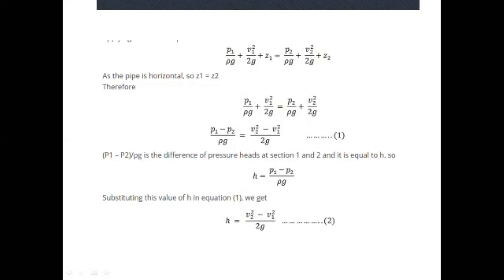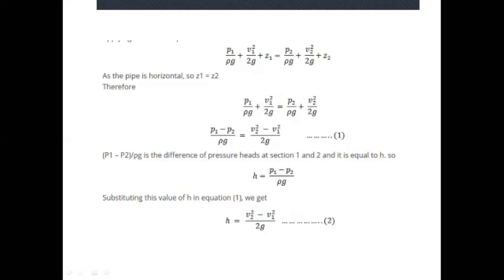So Z1 is kind of the diameter of the wide tube, and Z2 is the diameter of the narrow tube. If we put the pressures P1 and P2 on the left-hand side, and then the velocities on the right-hand side, as you can see from equation 1.